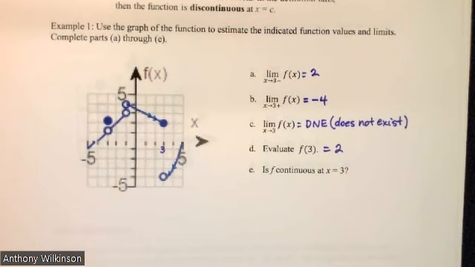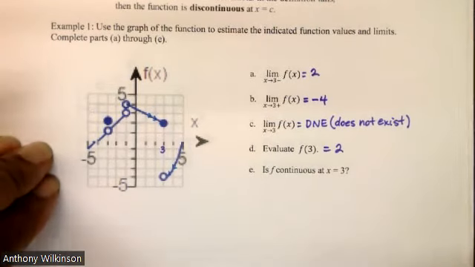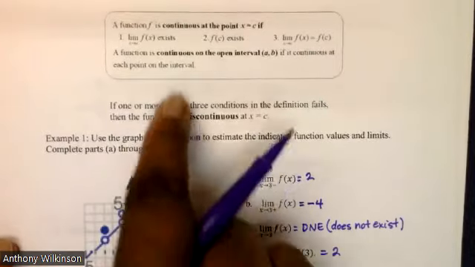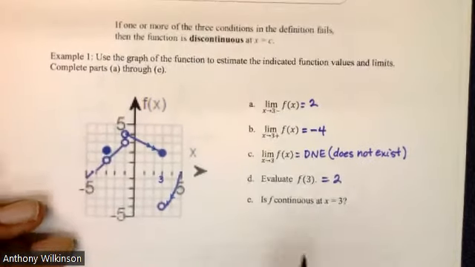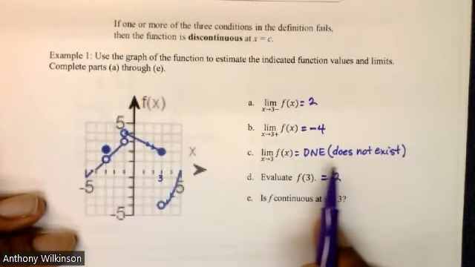And now part E: is f continuous at x equals 3? Well, following this continuity test up here, the limit as x approaches that constant of f of x should exist. In this case, it does not exist.